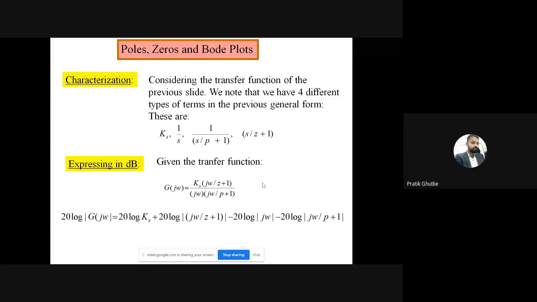K times (s by z plus 1) becomes (j omega by z plus 1), and in the denominator, the term s is replaced with j omega, and in the bracket (s by p plus 1), replace s with j omega, so j omega by p plus 1.